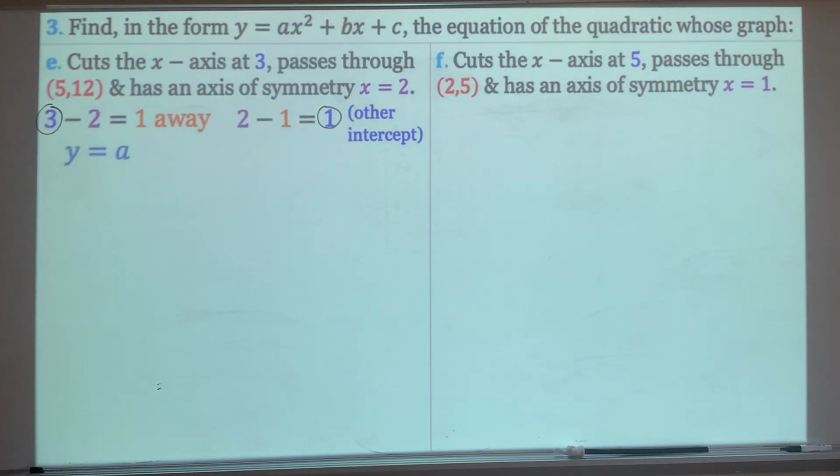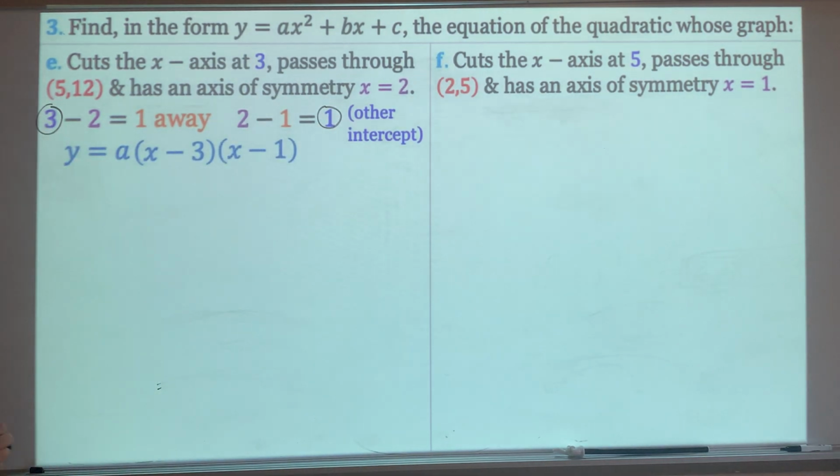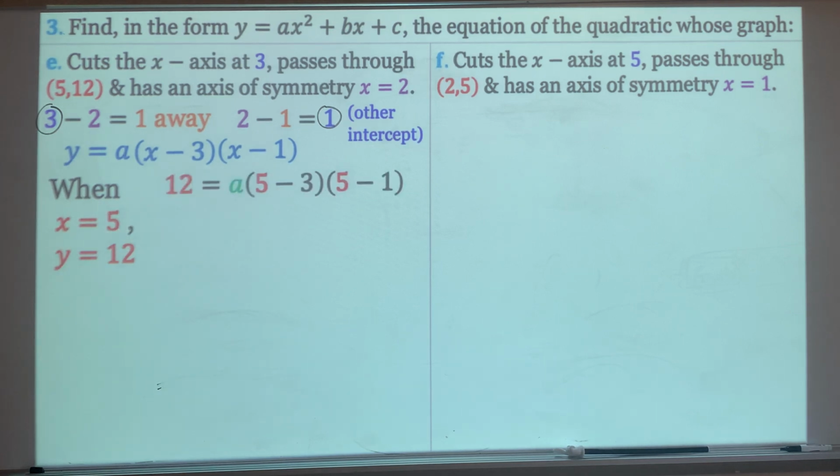So in order to solve our question, y equals a times x minus 3 times x minus 1. When x is 5, y is 12, right? 12 equals a times 5 minus 3 times 5 minus 1. 12 equals a times 2 times 4. 12 equals 8a. 12 over 8 reduces to 3 halves.